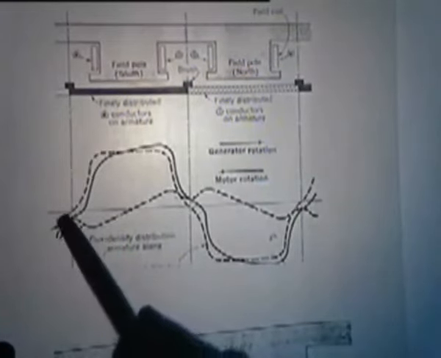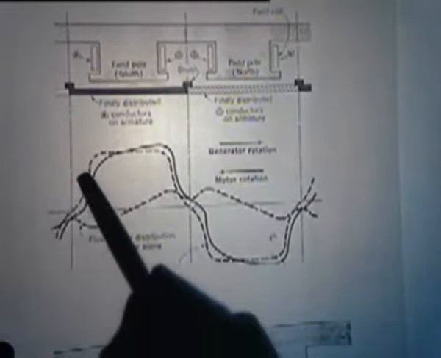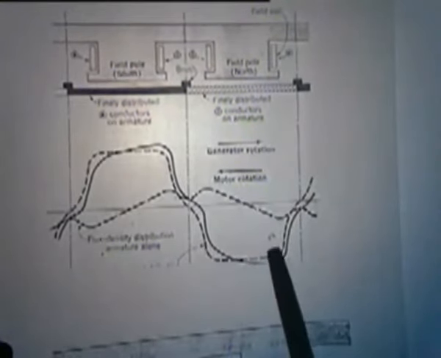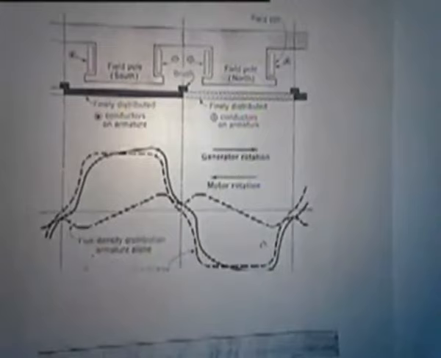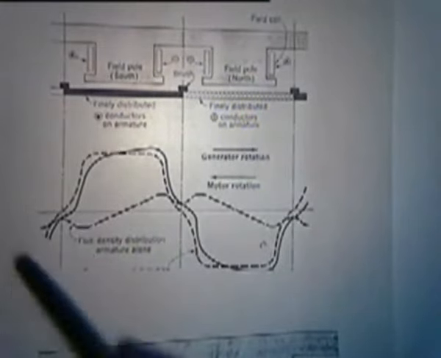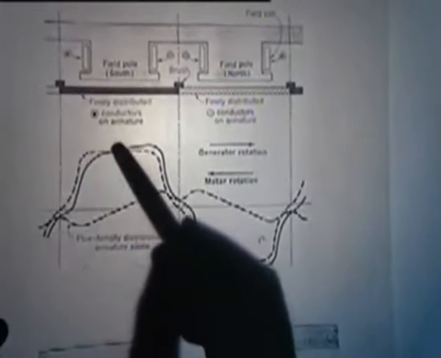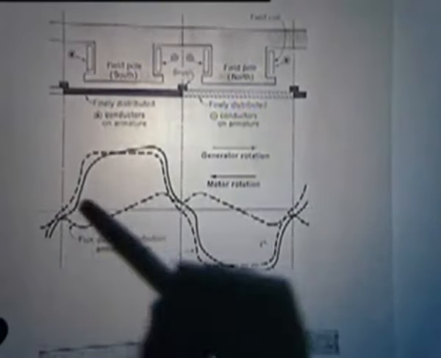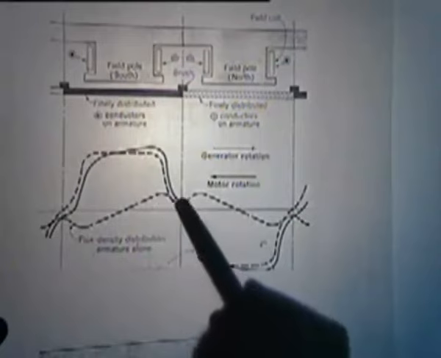Now this dotted line will show you the flux density pattern only due to the field, and only due to the armature it is this dotted line.